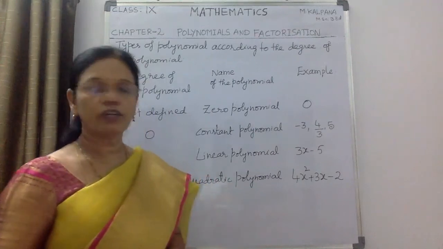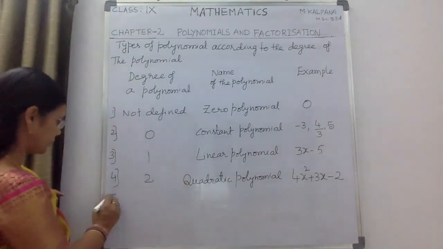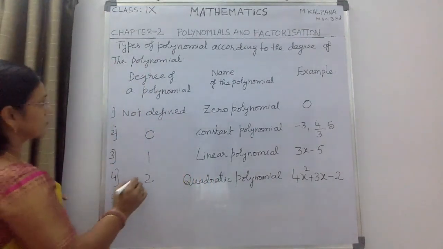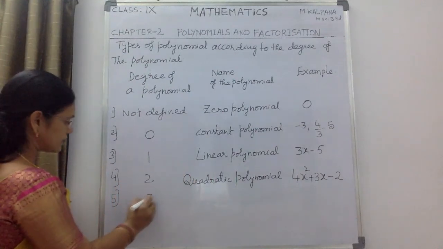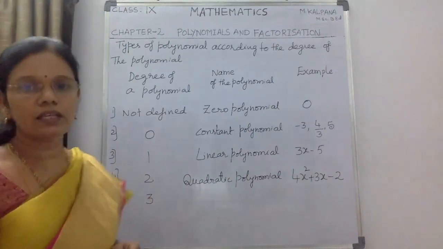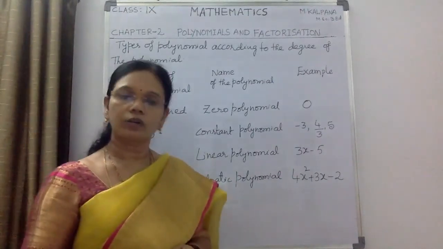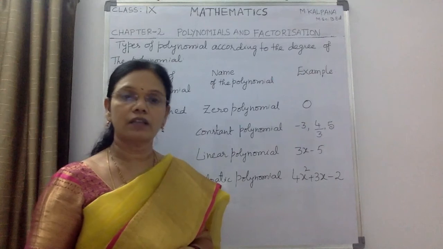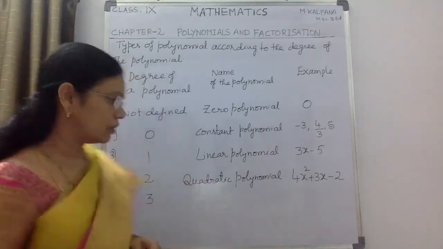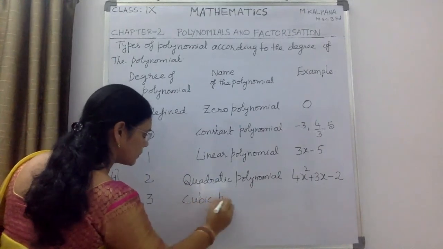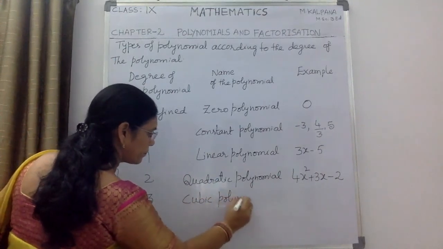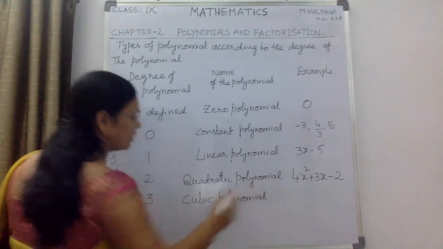And I am going to define another polynomial. The degree of a polynomial is 3, let us say. Then you can name that polynomial as cubic polynomial.